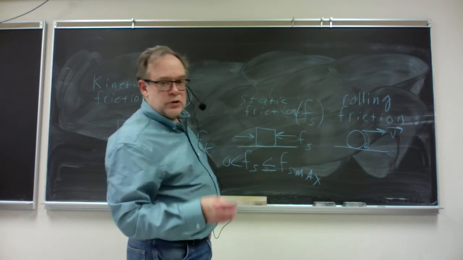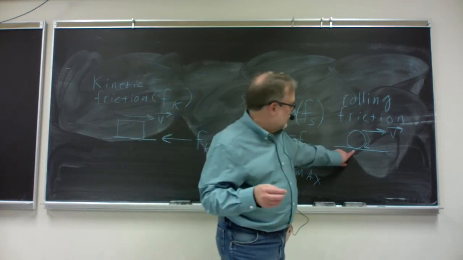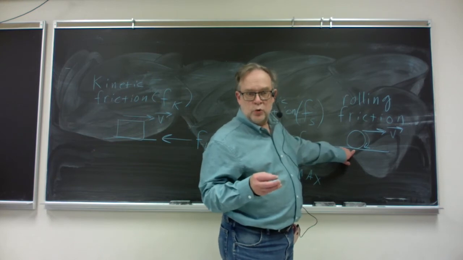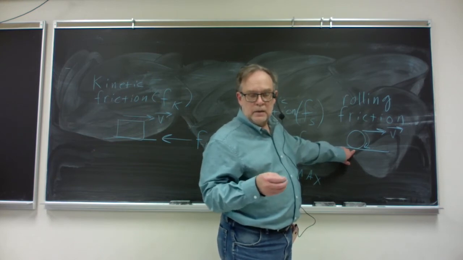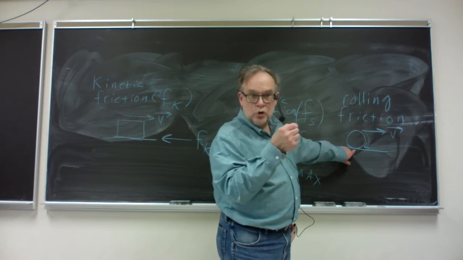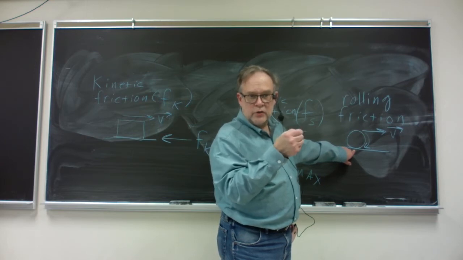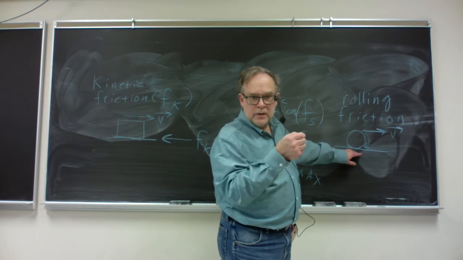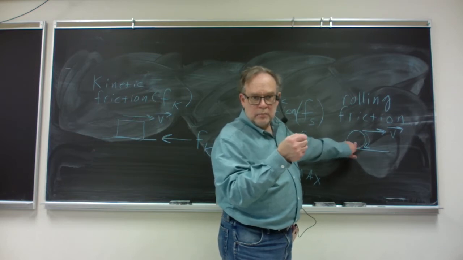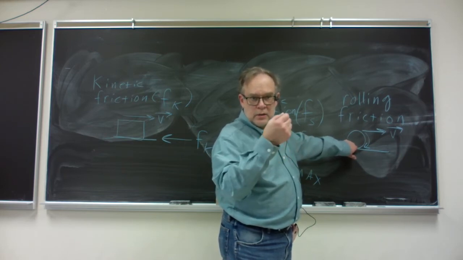And it's rolling instead of sliding because right here at the contact point between road and wheel, the road is able to grab onto the wheel with a strong enough molecular bond, strong enough adhesive bond between the molecules in the road and the molecules right here where the tire touches the road.